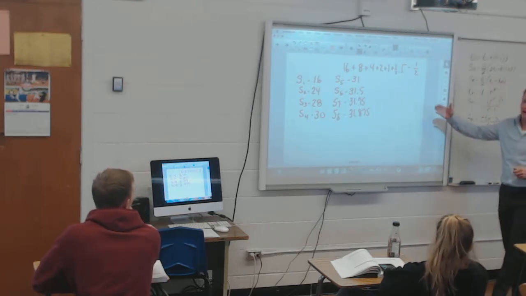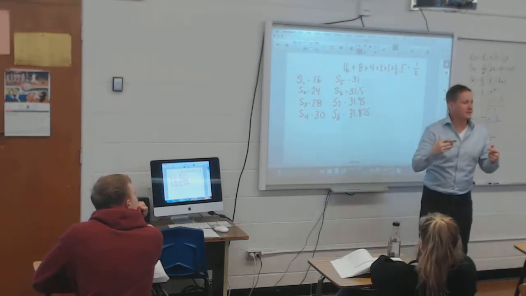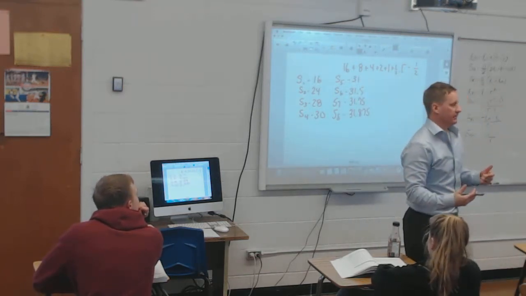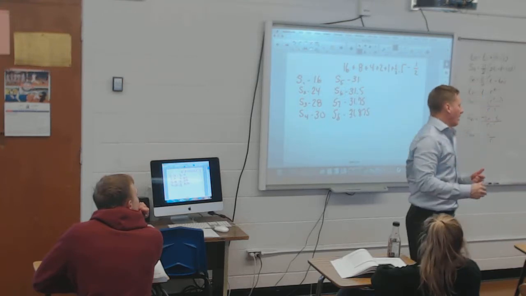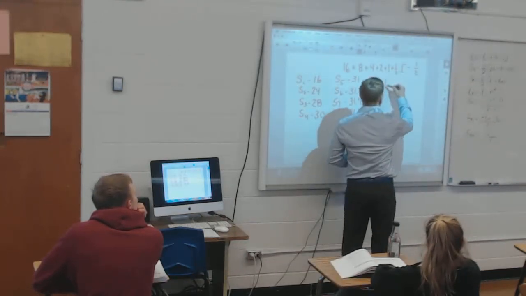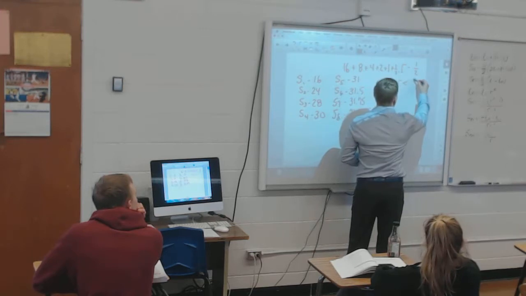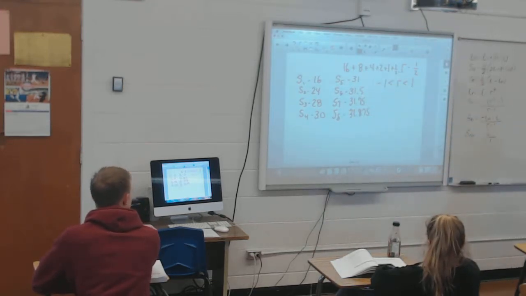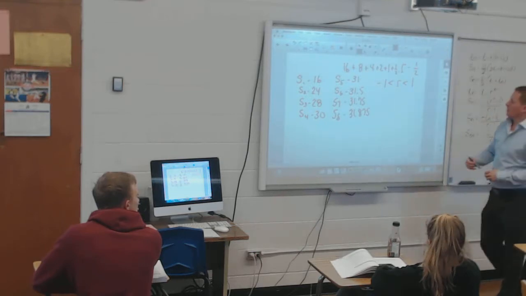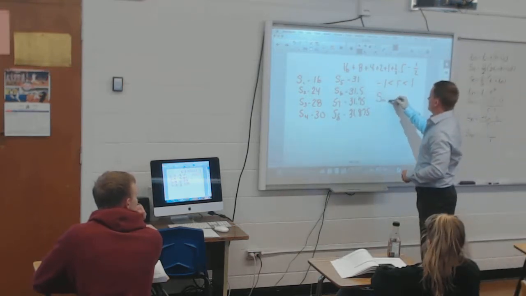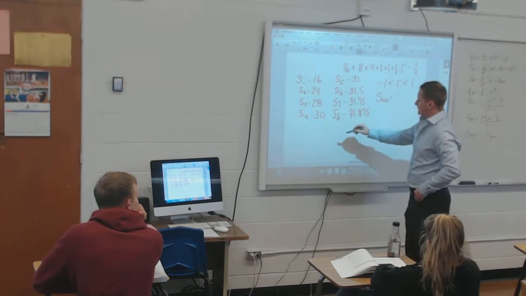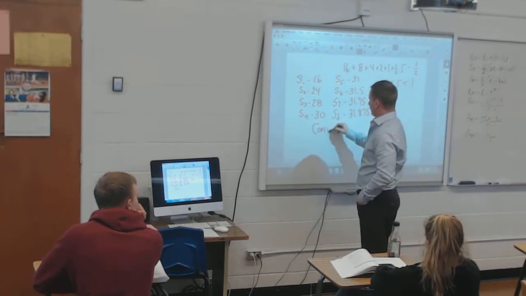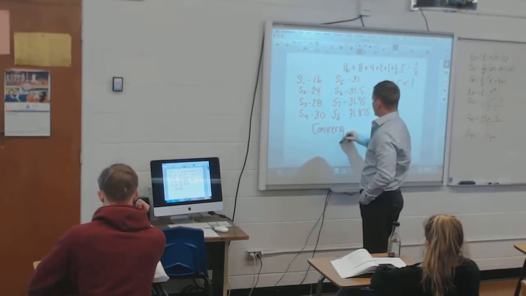Okay? 32 is right. Now, we call this an infinite geometric series, meaning it goes forever. Now, in order for something to be an infinite geometric series, my ratio has to be between -1 and +1, meaning it needs to be a fraction value. Okay, or a decimal value. So, we call this a converging sequence.